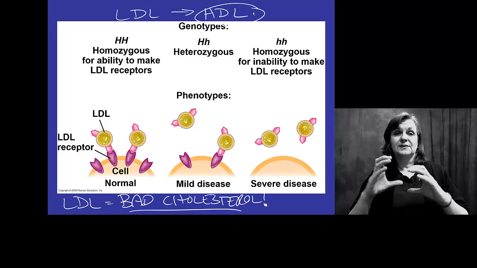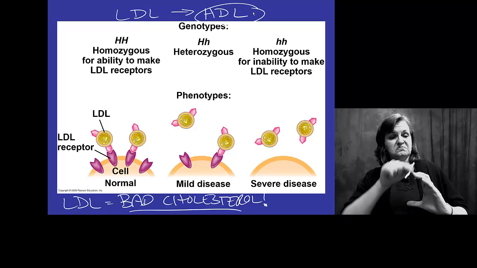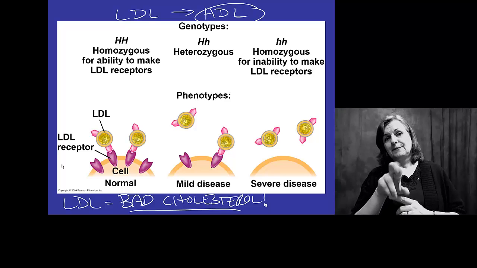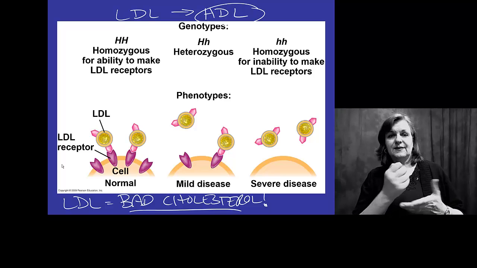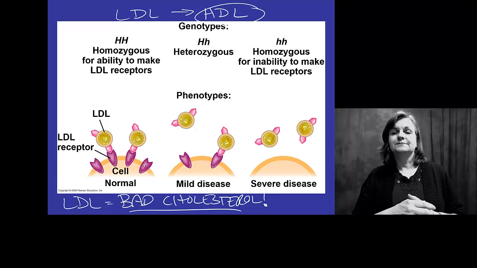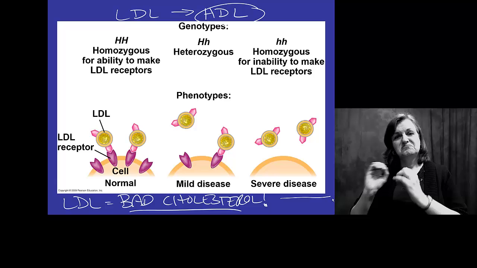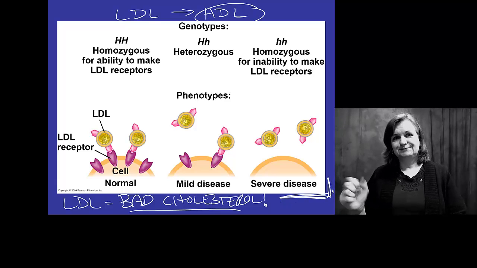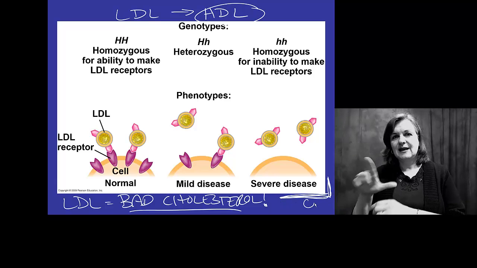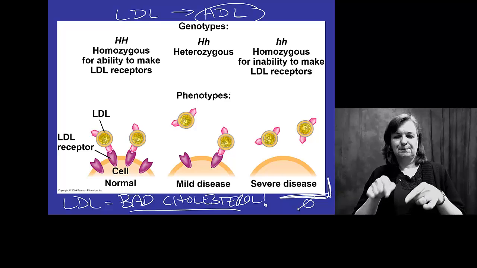Okay? So in the case of our normal cells, we've got lots of these LDL receptors that are going to take up that LDL for us. In a case of our disease here, we have no receptors. So we're not taking up any LDL.